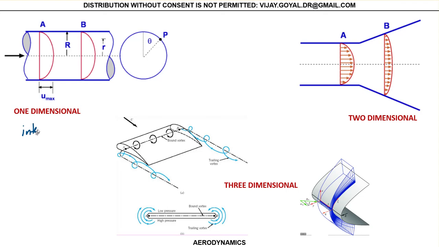As I told you last time, you can think of pipes, heart valves, anything that goes inside a tube. That will be one-dimensional, because you really don't have enough space to develop velocity in the opposite direction, in the radial direction, for example.